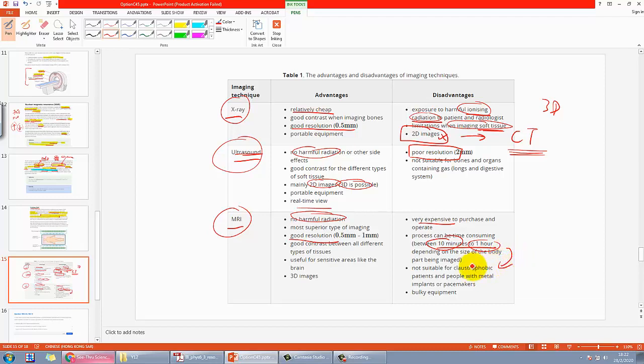Therefore, if someone is afraid of the dark and can't stay in the dark for too long, then it's probably not suitable for you. Or anyone who has metal implanted inside the body, like someone with a pacemaker, whose heart has some issue and they use some sort of machine to help them pump, then of course it will be an issue. Okay, and pretty much it.